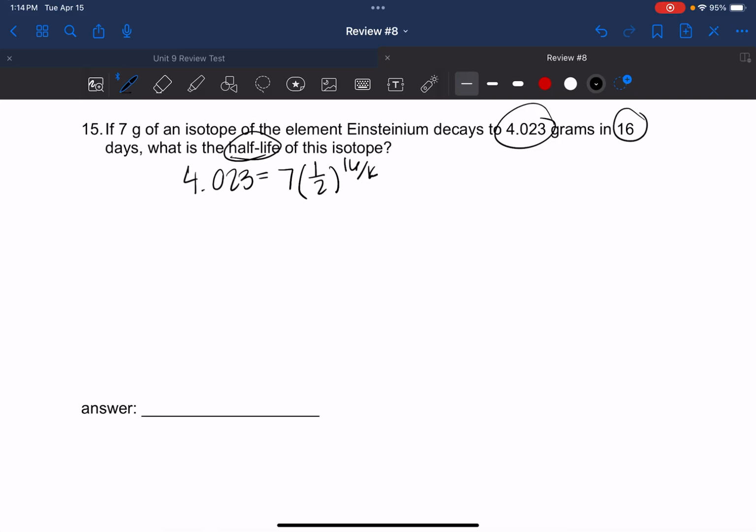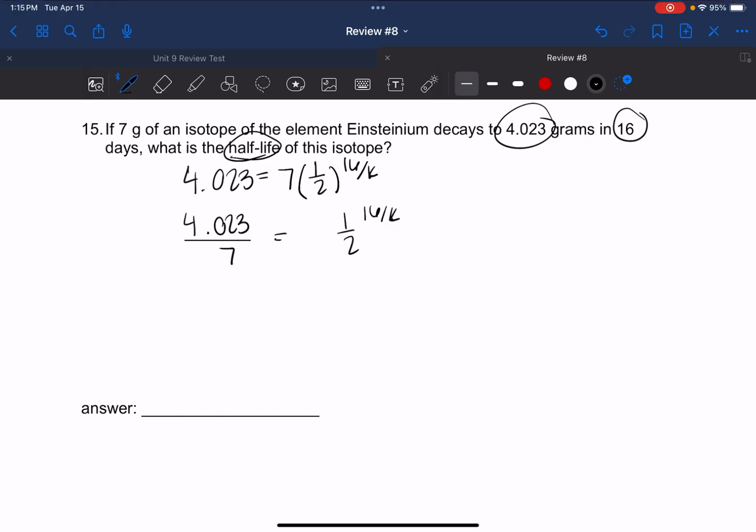So this would be over k, and now I've got to solve for k. So now that I have my equation set up, I'm going to divide both sides by 7. So 4.023 divided by 7 is going to be equal to 1/2 raised to the 16 over k.